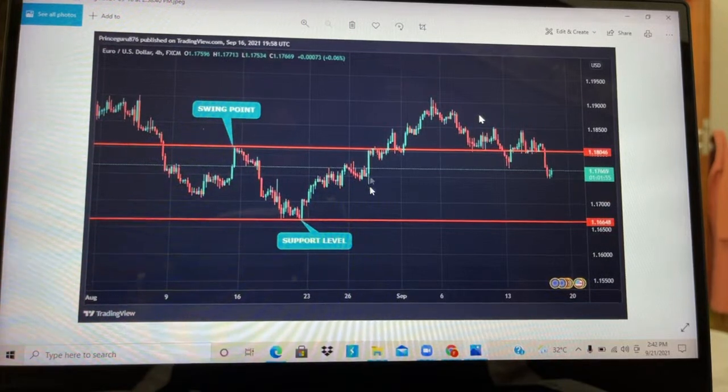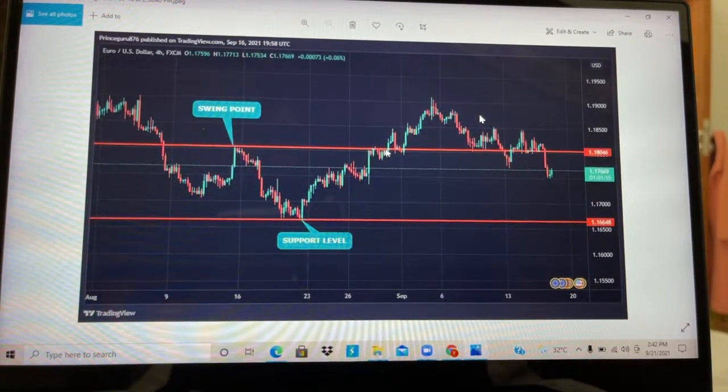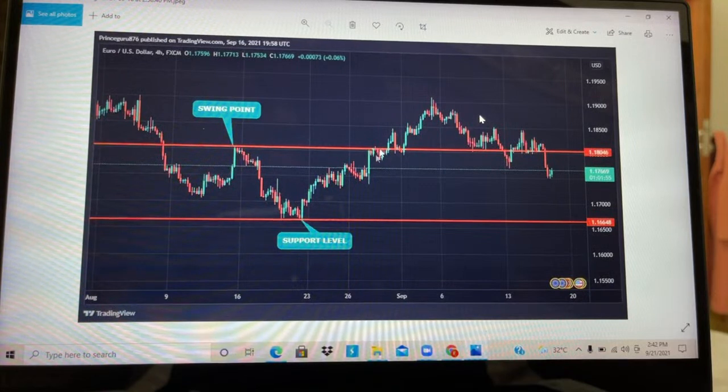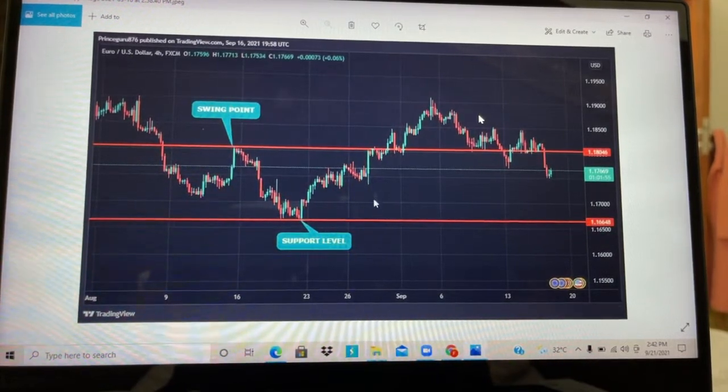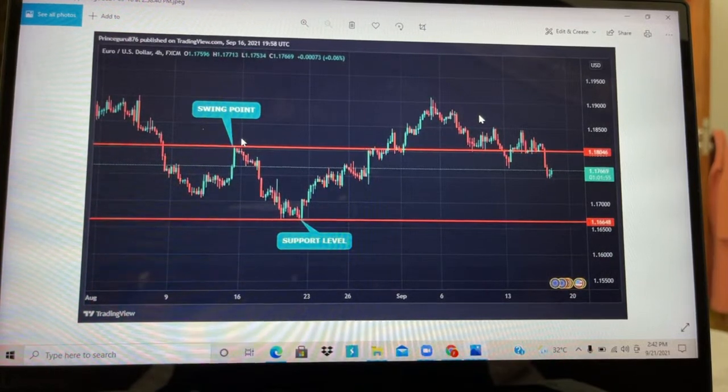No, you don't want to be doing that. You want to be patient. Take your time to analyze what is really happening. If you don't see a situation for you to sell, do not open up a sell position, even though you marked up your swing point.